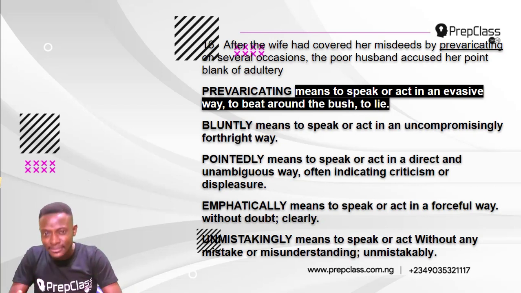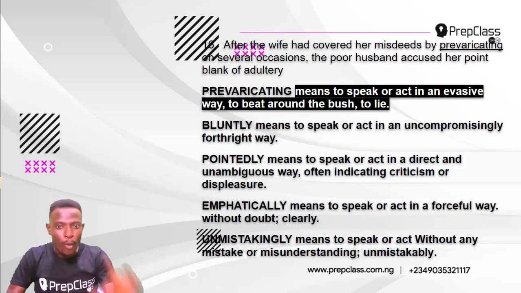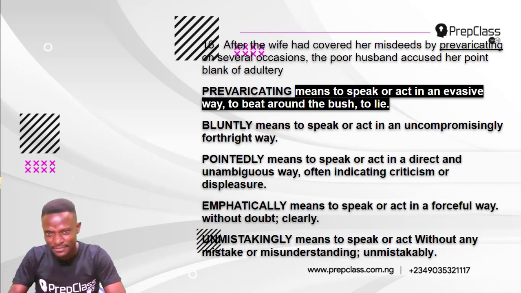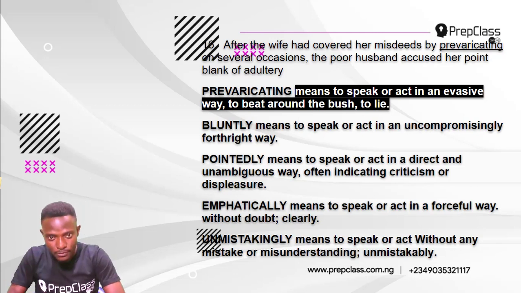Option A, bluntly. Bluntly means to speak or act in an uncompromisingly forthright way. This is an antonym for prevaricating. Option B, pointedly. Pointedly means to speak or act in a direct and unambiguous way, often indicating criticism or displeasure.